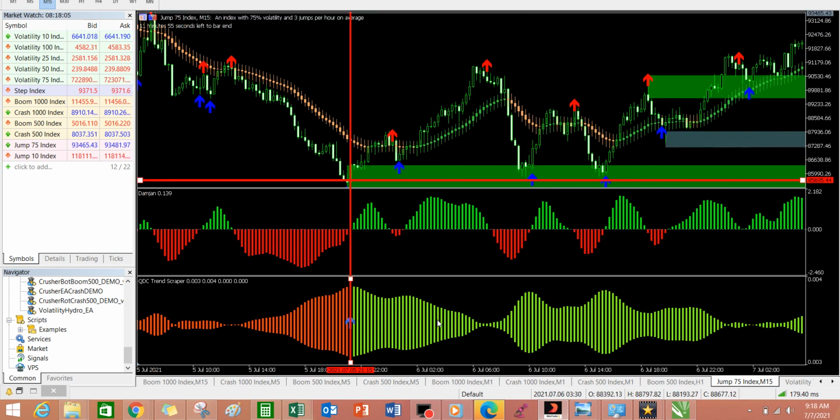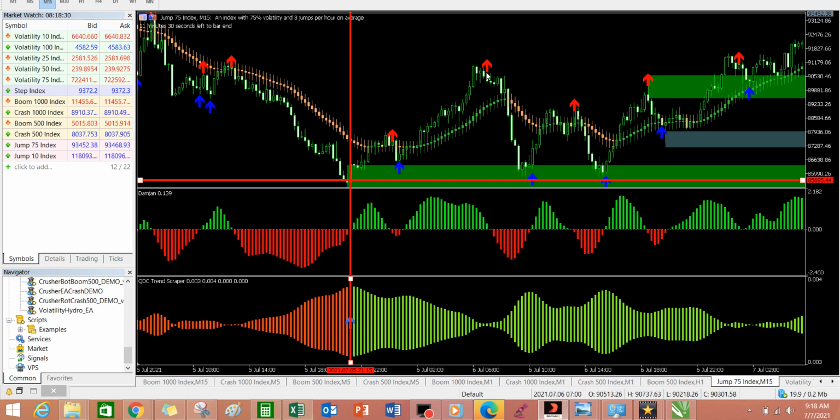If it is an uptrend, then you go for a buy, which is a buy signal, the blue arrow. You pick on a buy, you place an order there and close it once you see the red arrow. So I want you guys to try this out.